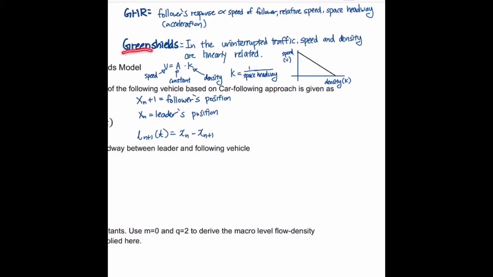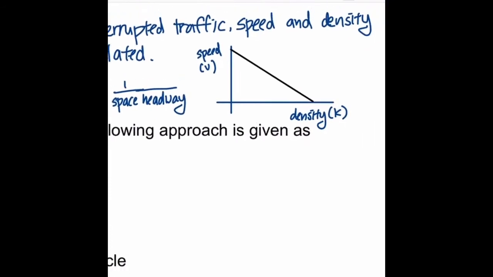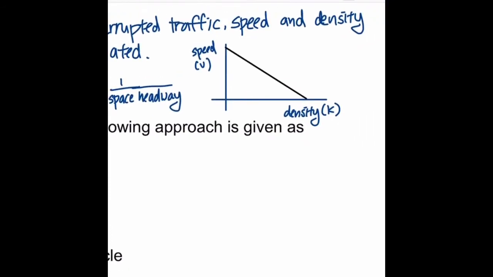And the Greenfield model assumes that in uninterrupted traffic, speed and density are linearly related. So this graph here shows the relationship between speed and density. As the speed goes up, the density of the traffic goes down, and as the density goes up, the speed of the traffic goes down.